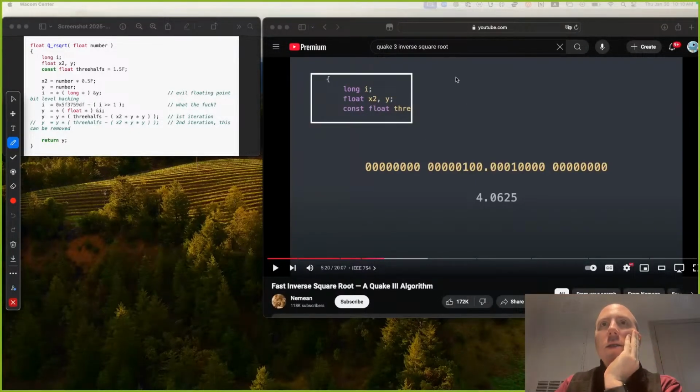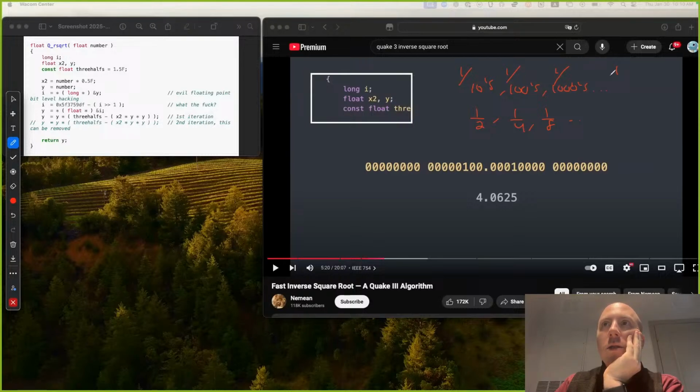So just thinking about it, he said instead of tenths, hundredths, thousandths, we have halves, fourths, eighths.